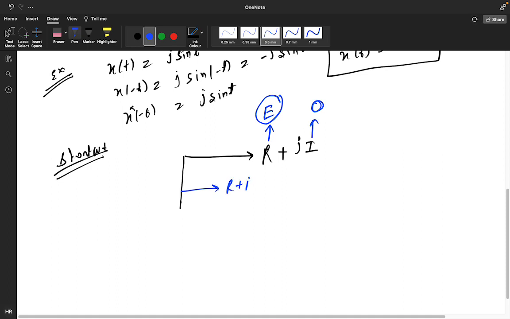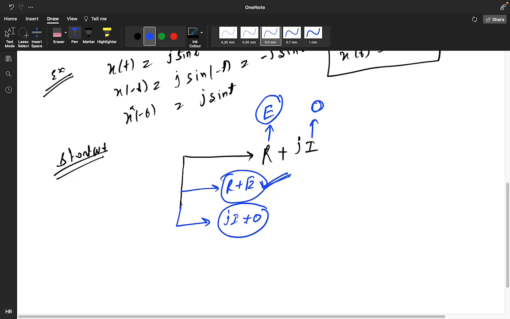So the real part should be an even signal, and the imaginary part should be an odd signal. If you are getting only a real signal, it should be even; then only it will be conjugate symmetric.